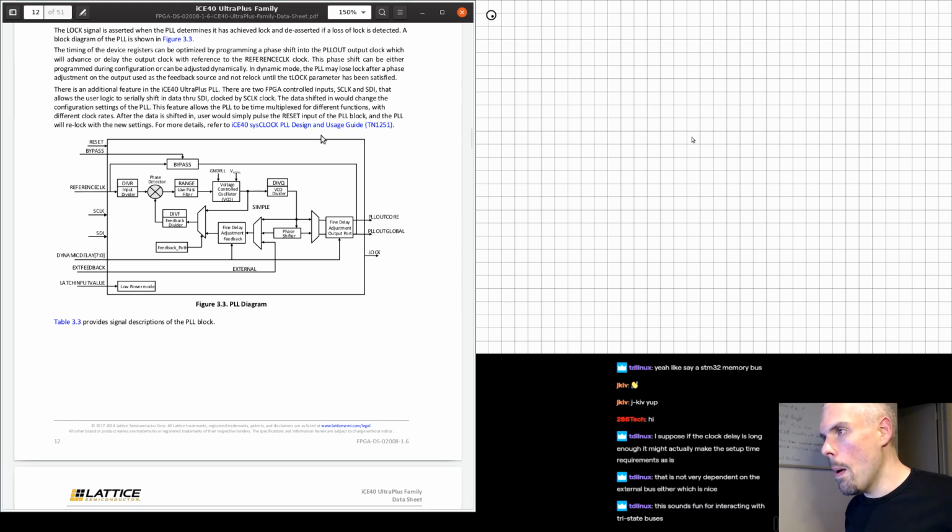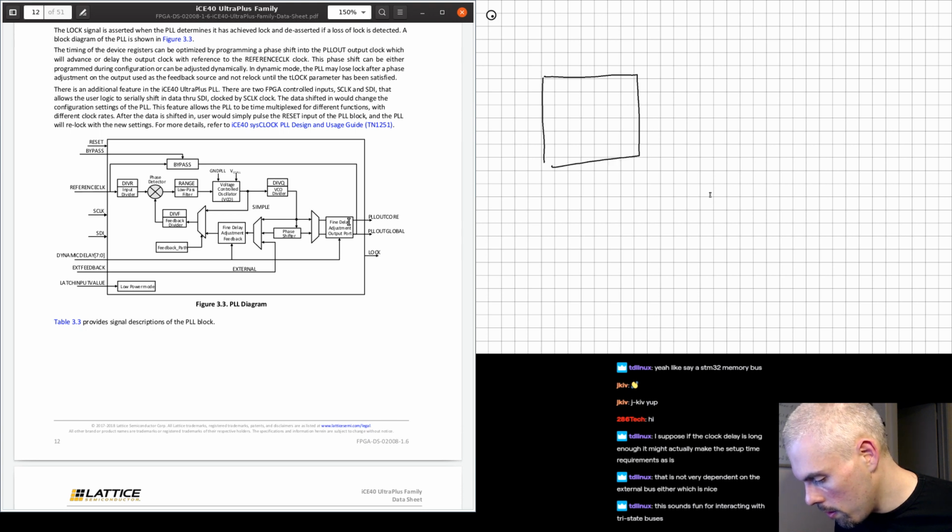So that's the diagram from Lattice for the PLL, and it's not correct. Or rather, it's lying. So I'm just going to try to draw quickly the real PLL output blocks. So you have the PLL core, and that generates a given frequency, right?